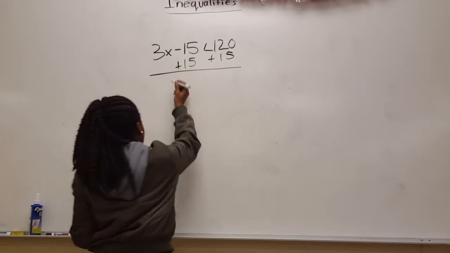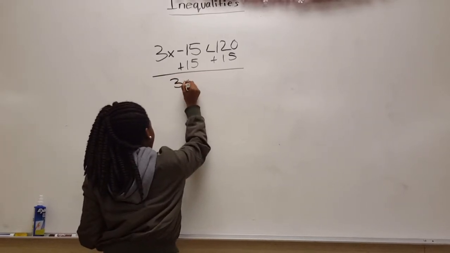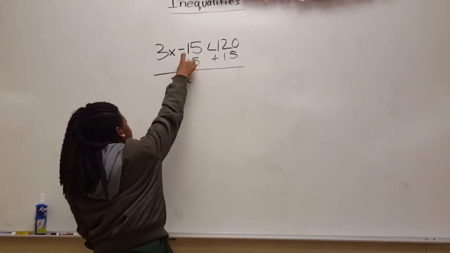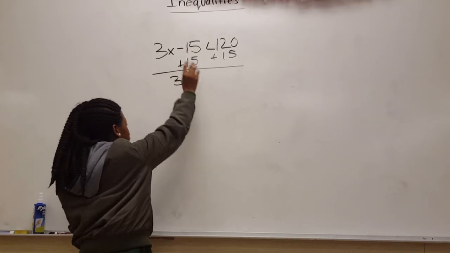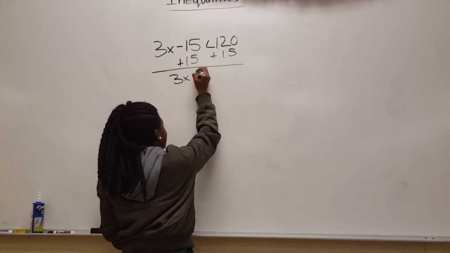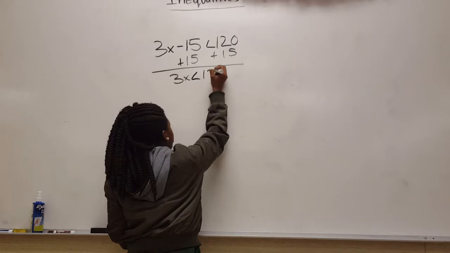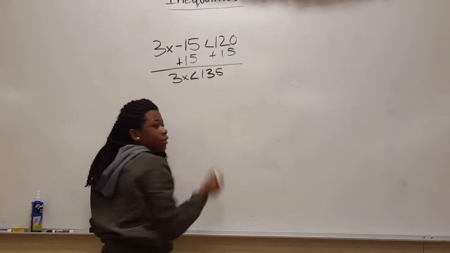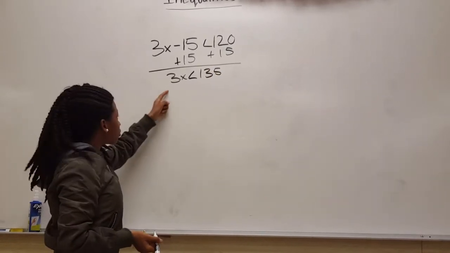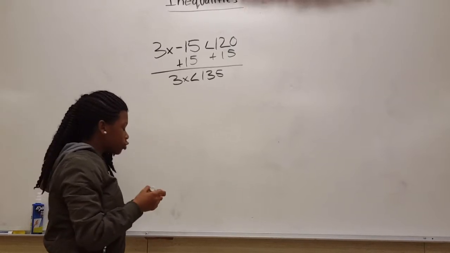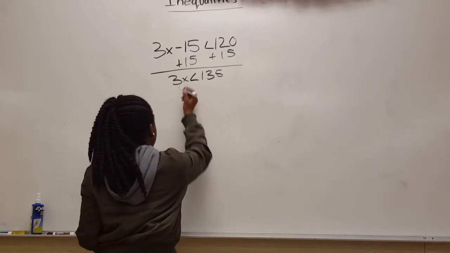We'll rewrite the problem as 3x, and since this is a negative and a positive, they both cancel out each other. So it would be 3x is less than 135. Then the next thing we'll do is divide both sides by 3 because remember we're still trying to get x by itself.